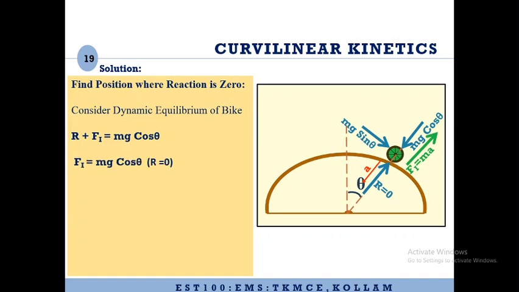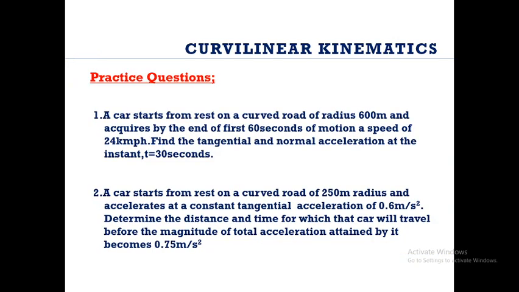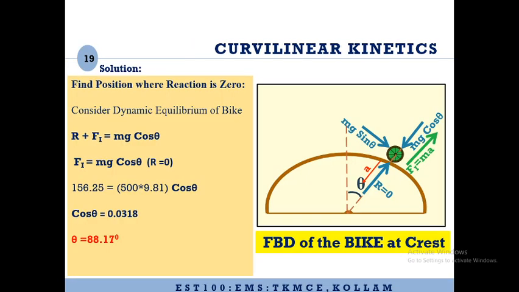Now R is equal to 0, therefore Fi equals mg cos theta. We get the value of cos theta as 0.0318, so theta will be equal to 88.17 degree. That is the point at which the reaction from the ground will be equal to 0: theta equal to 88.17 degree from the vertical.